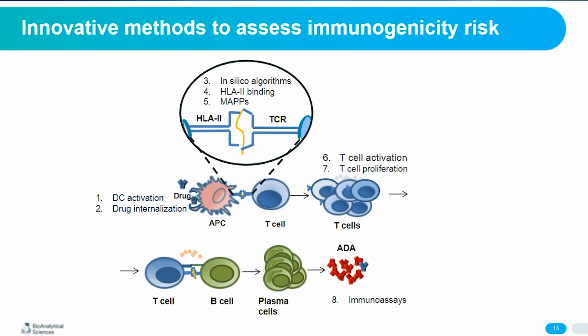And this is what we are doing. We are trying to develop those tools to give us an assessment of the risk of immunogenicity. Based on what we know on how our immune response leads to immunogenicity of biotherapeutics, different methods were developed to try to mimic this process in vitro, and by that, estimate the immunogenicity risk of the different drugs.